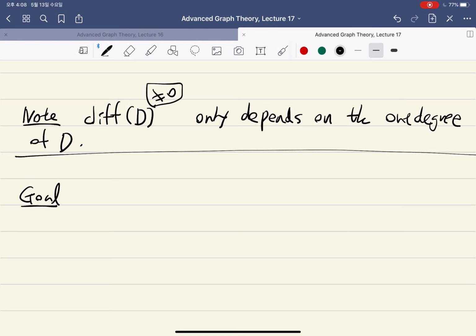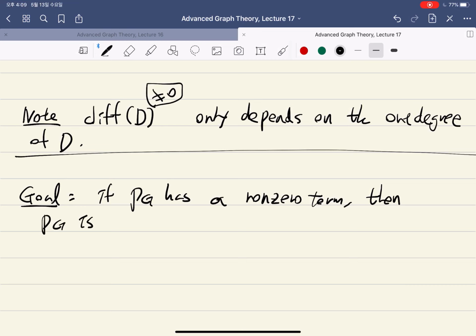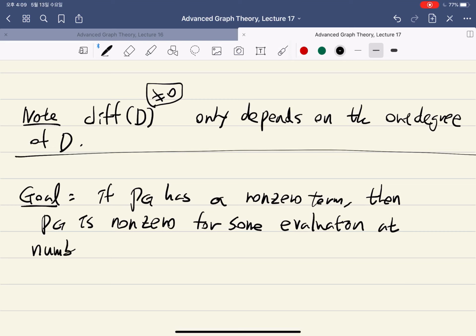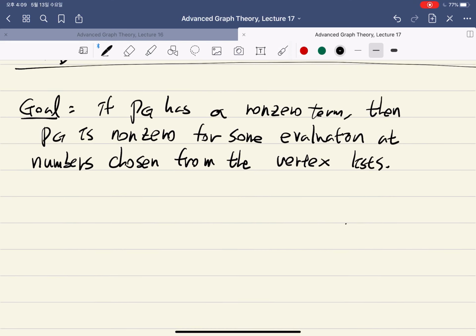So now what we want to do is that if P_G has a non-zero term, then P_G is non-vanishing for some evaluation at numbers chosen from the vertex color list. So we are talking about list chromatic number.